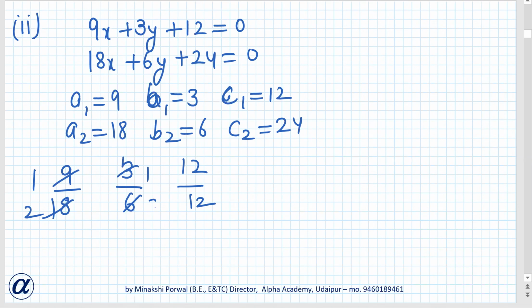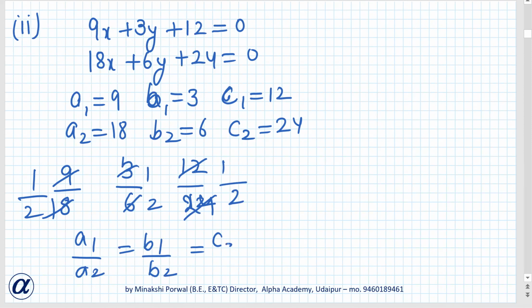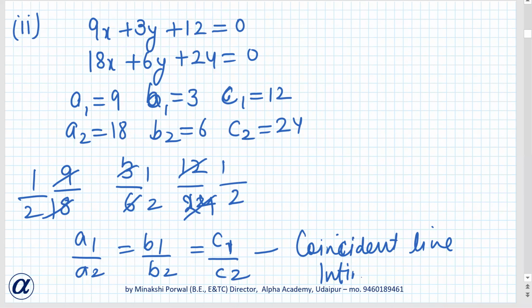So this is the case of a1 by a2 equals b1 by b2 equals c1 by c2. So this is the case of coincident lines, which has infinitely many solutions.